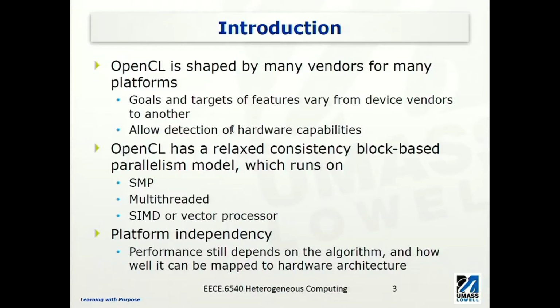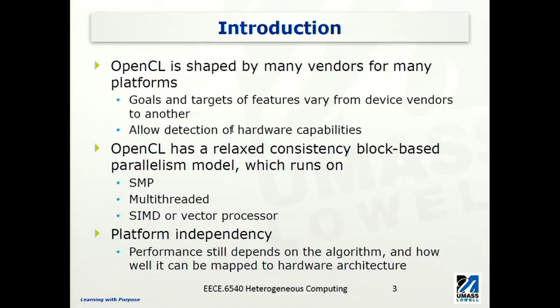And because OpenCL has to deal with a variety of different processor architectures, it has a relaxed consistency, block-based parallelism model, which runs on different processor architectures: symmetric multiprocessors, multi-threaded microprocessors, or single instruction multiple data, or vector processors. Basically, it assumes very little from the underlying processor.